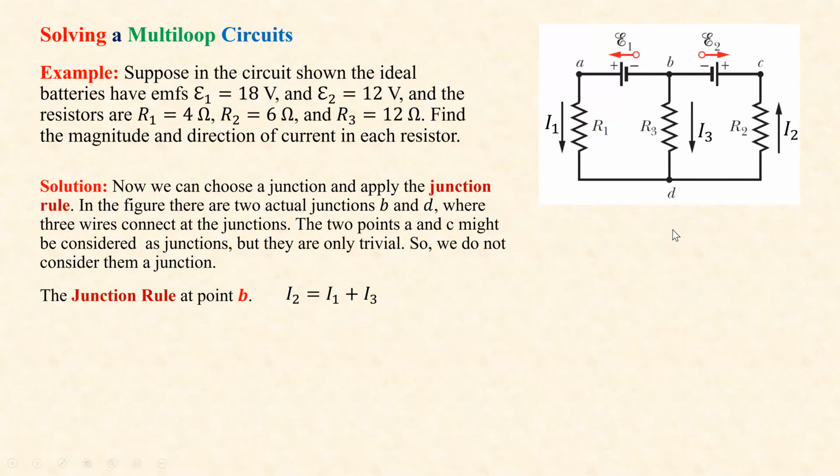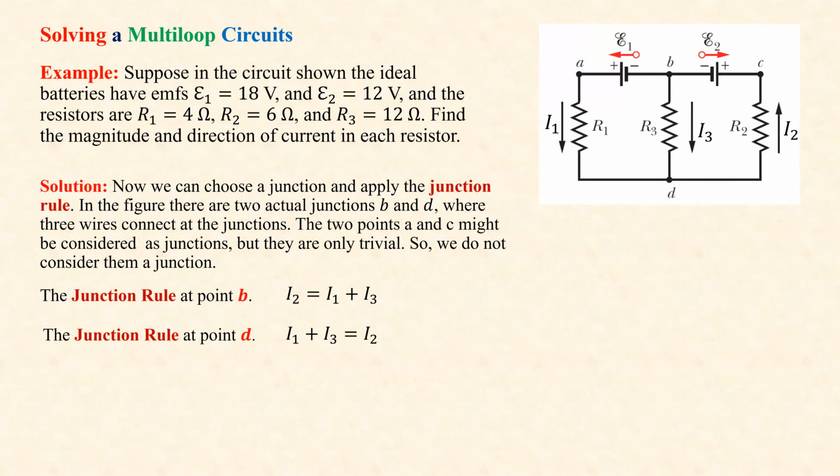All right, so you see, we don't know if these directions are correct, but we write the equations according to these currents as if they are correct. So we say I2 comes in, I1 and I3 go out, so I2 equals I1 plus I3. Now, if we write junction rule for point D, we have I1 coming in, I3 coming in, and then I2 going out.